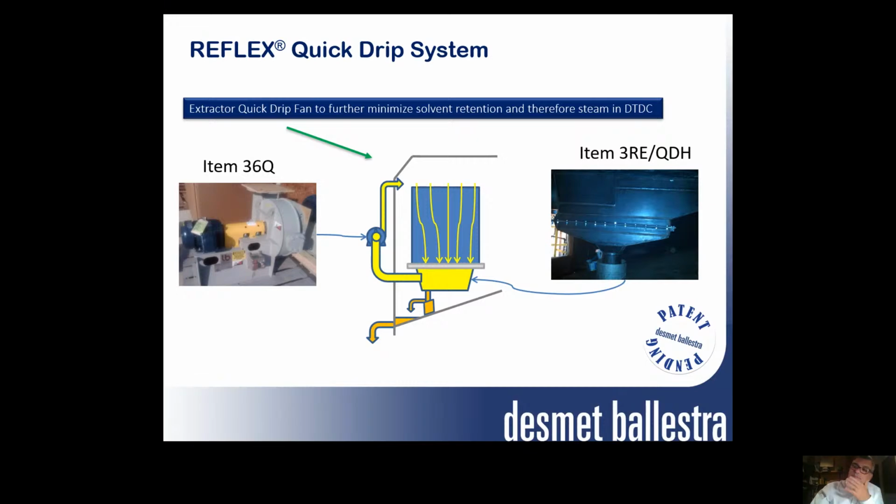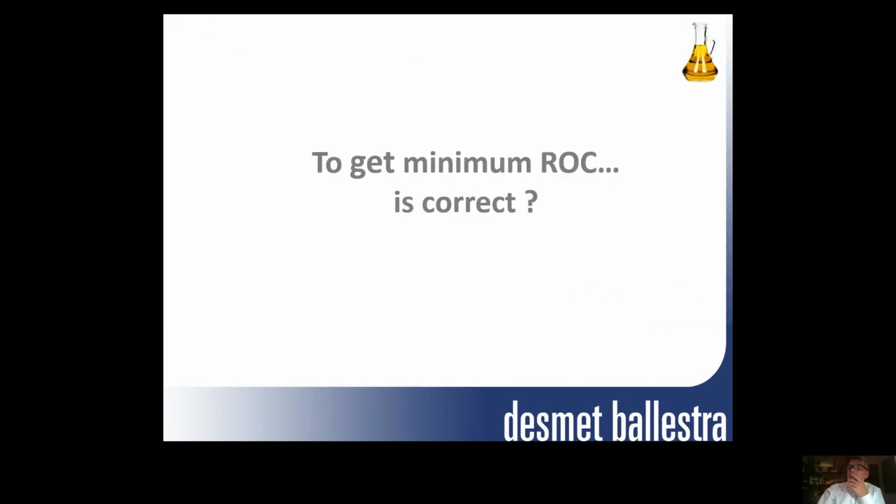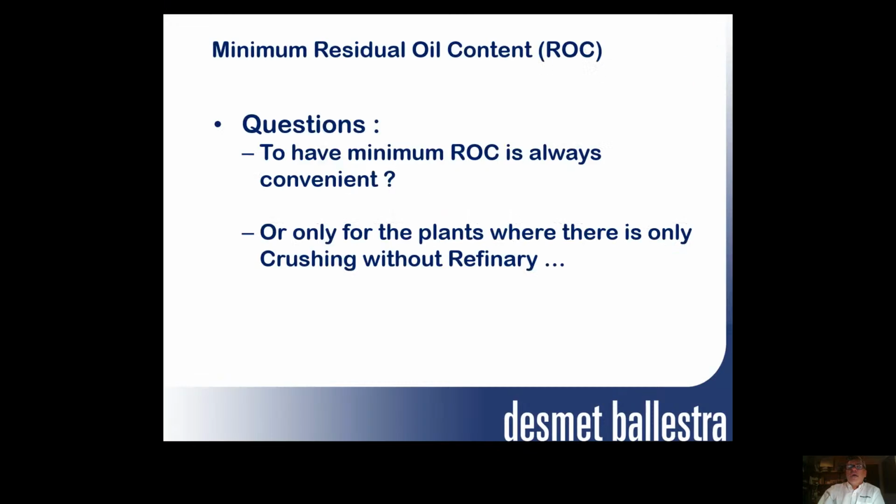So this is a plug-in system that can be used in a fixed bed extractor, like the Reflex one. Well, but coming finally to the question of getting the minimum residual oil content: I would like to make a similar question, is it always convenient, or only for plants where there is only crushing without a refinery?